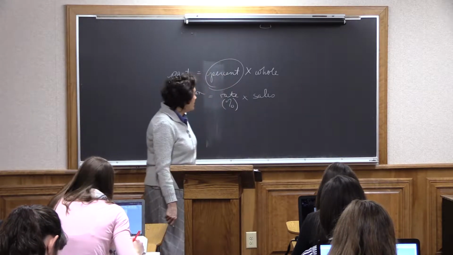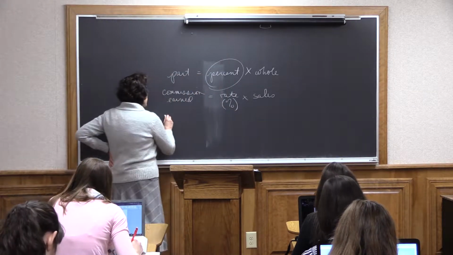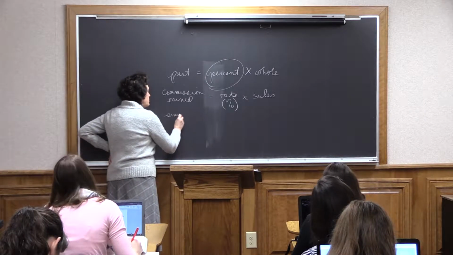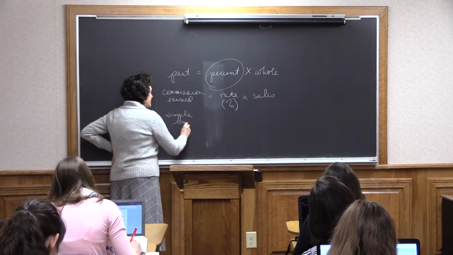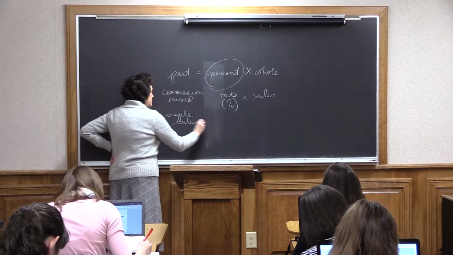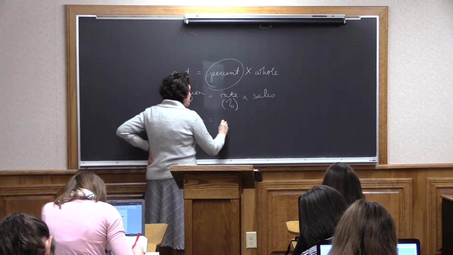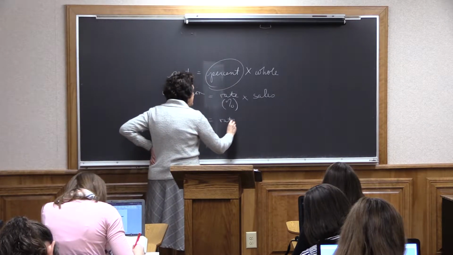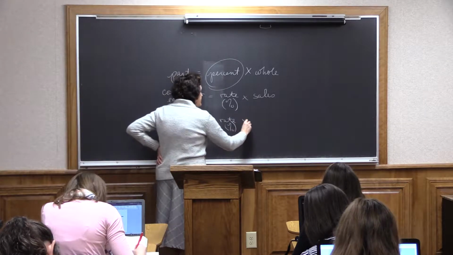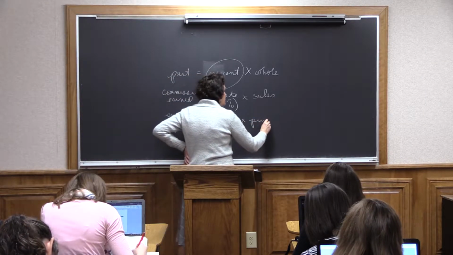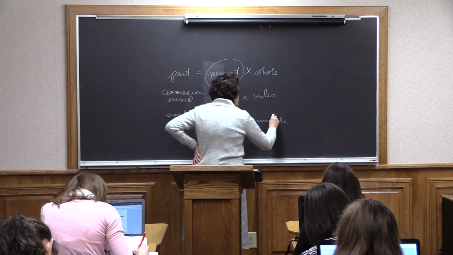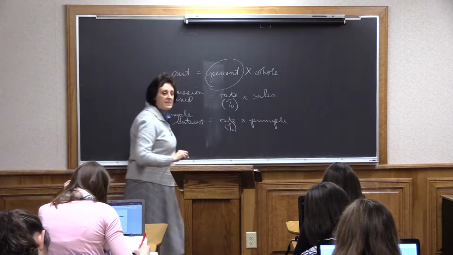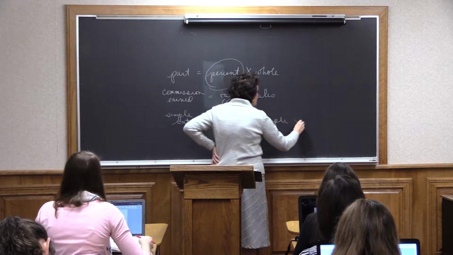Another direct application is interest. Not compound, we won't go there. Simple interest is equal to the rate of interest, which is a percent, times the principal. It's not quite as direct as that one because we have to do what?